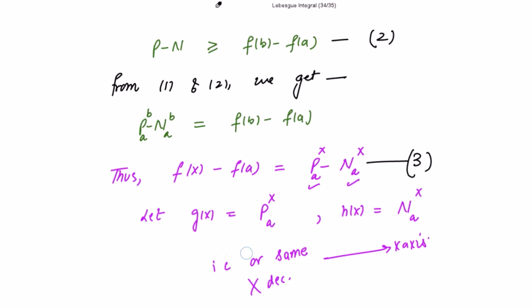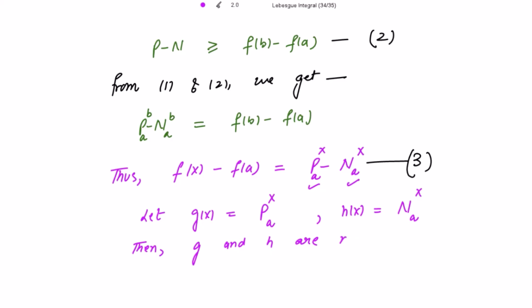So because the positive and negative variations are monotonically increasing functions, can we say that g(x) and h(x) are also monotonically increasing? Yes. So g and h are monotonically increasing. Remaining to write that these are also real valued.